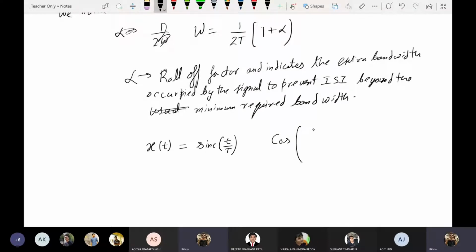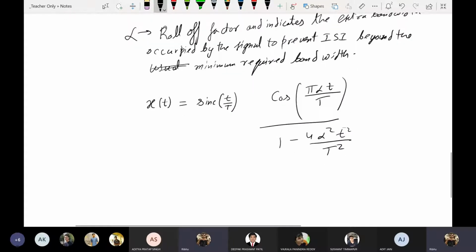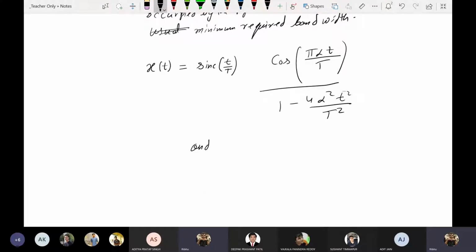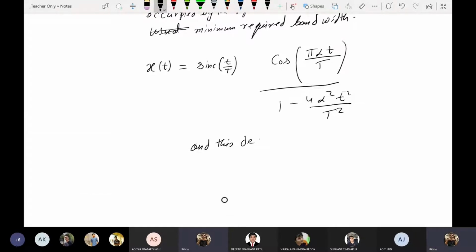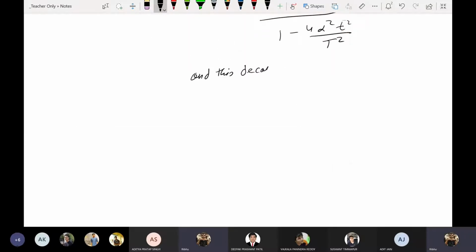Cos pi alpha t by T divided by 1 minus 4 alpha square t square by capital T square, and this decays as 1 over t cube.